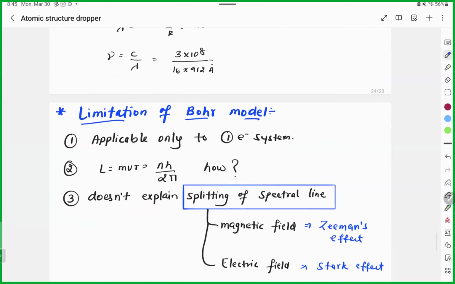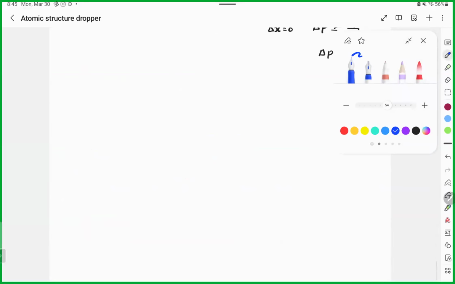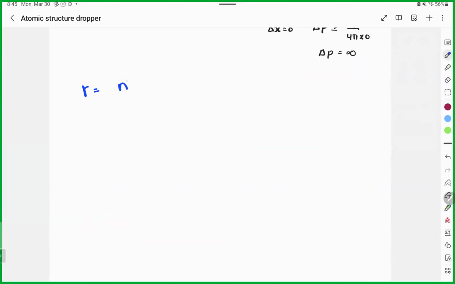I will write it again. This formula: your radius is equal to n square by z, almost 53 picometer, and velocity z by n, 2.18 into 10 raised to power 6 meter per second.